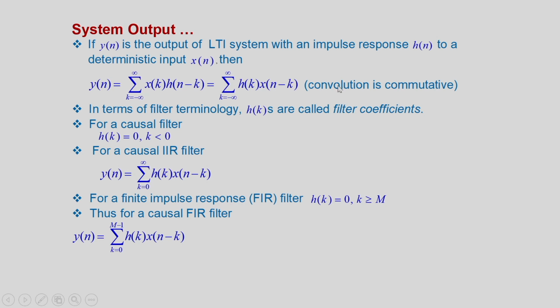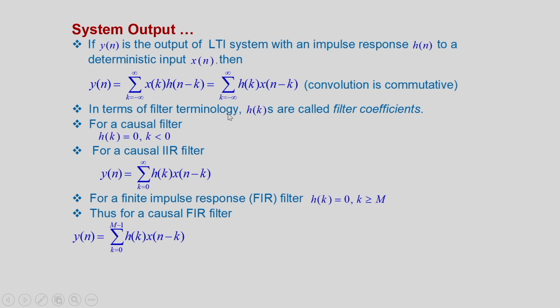Now, noting that convolution is a commutative operation, we can write this as the summation of h[k] times x[n-k], k going from minus infinity to infinity. So, this is the output of an LTI system to a deterministic input x[n].